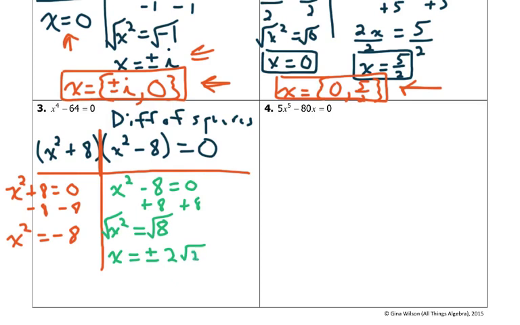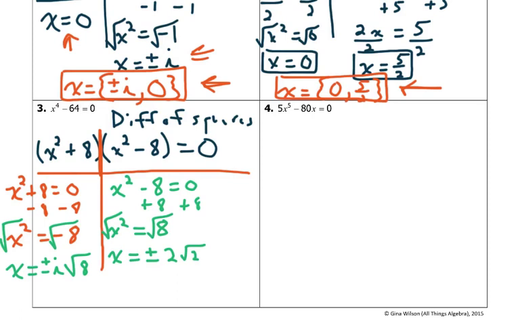Let's look at what happens here when we have a negative number, because it's going to be a little bit different. We're going to take the square root of both sides here. Now we have a negative. Remember, you can't take a square root of a negative. So, as I said previously, the first thing we need to do is take an i outside. This is going to be x equals plus or minus i. That gets rid of our negative sign, so that i is on the outside. Now what we have is the square root of 8.